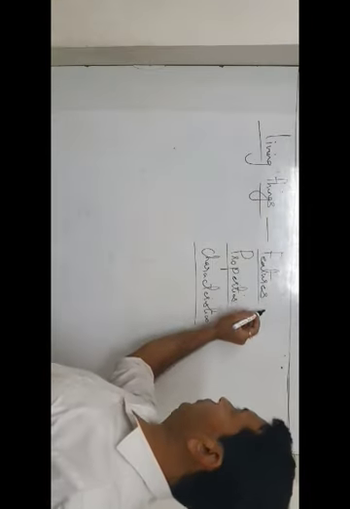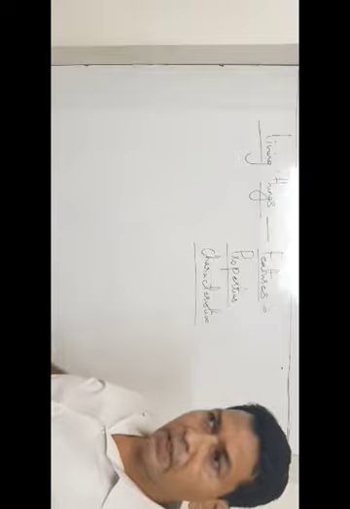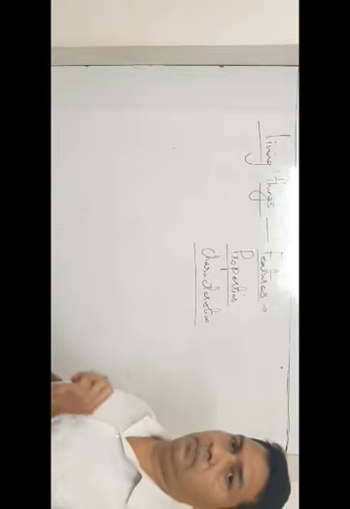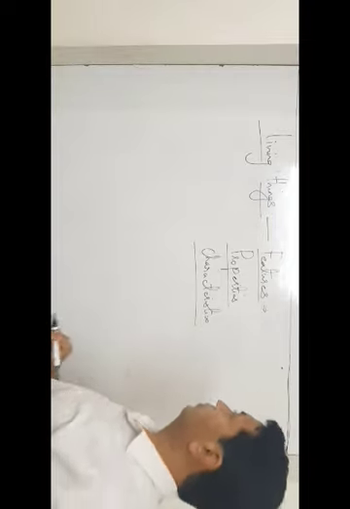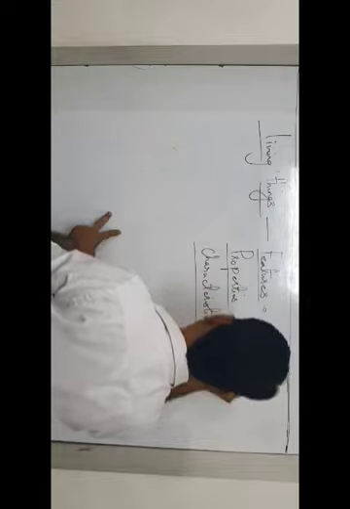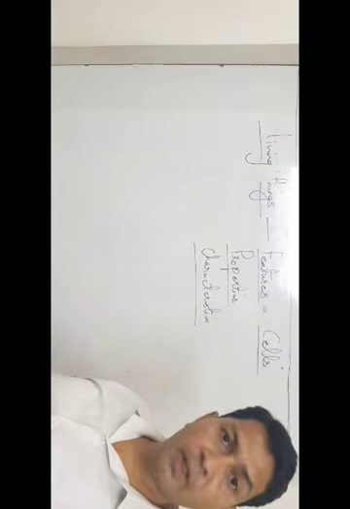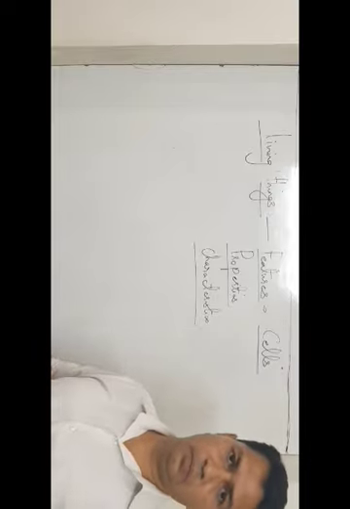Now when we talk about the feature of something, feature is related to constitution, what anything is made up of, okay? Feature. The cells. All living things are made up of cells, without any exception.